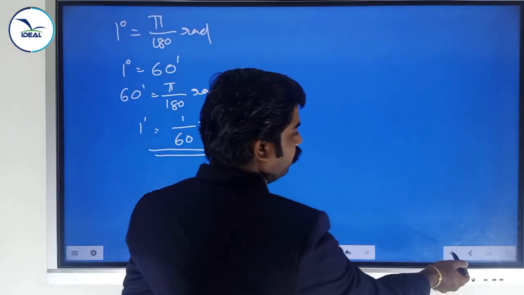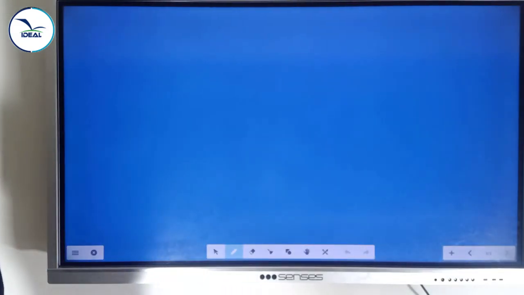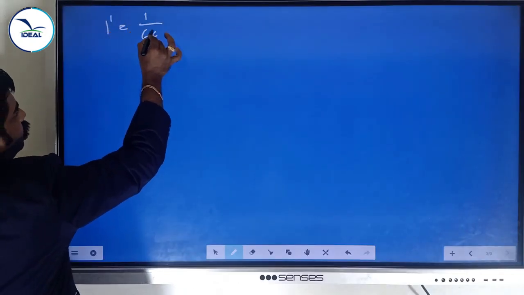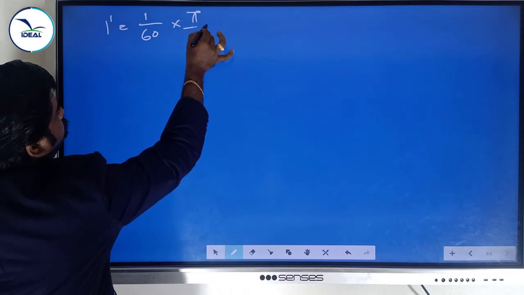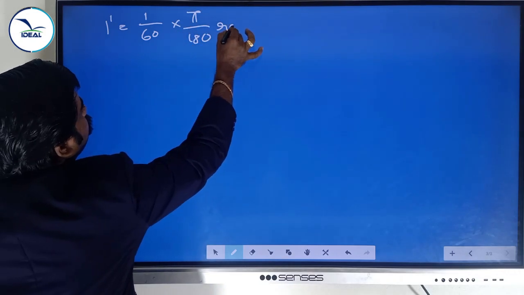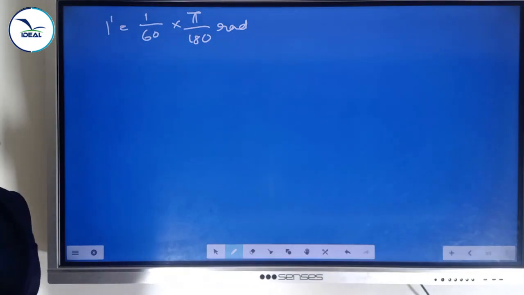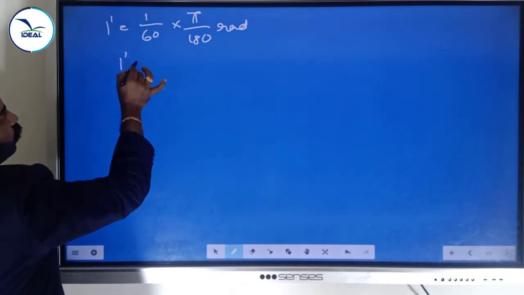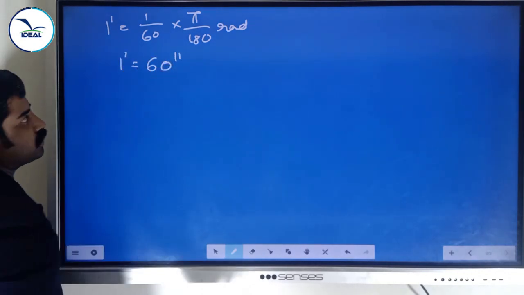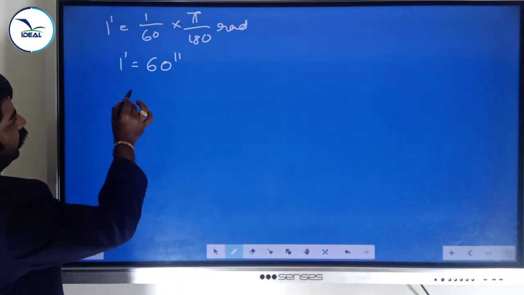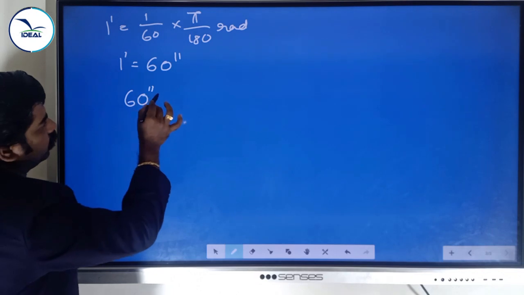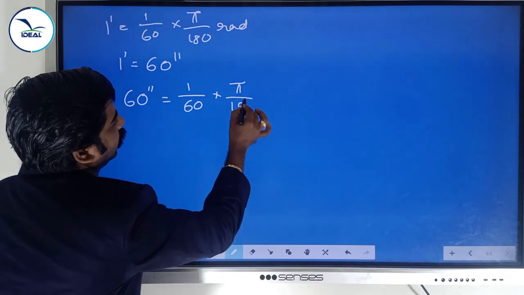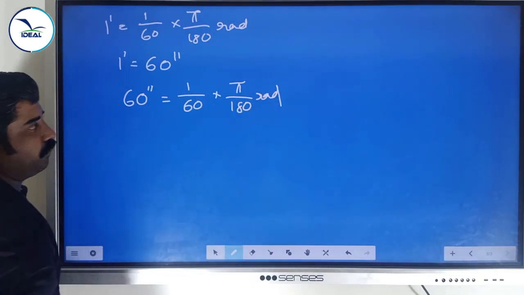Now we want to find the value of 1 second. We have 1 minute is equal to 1 by 60 into pi by 180 radian. Now, 1 minute is equal to 60 seconds. So we can write 60 seconds is equal to 1 by 60 into pi by 180 radian.